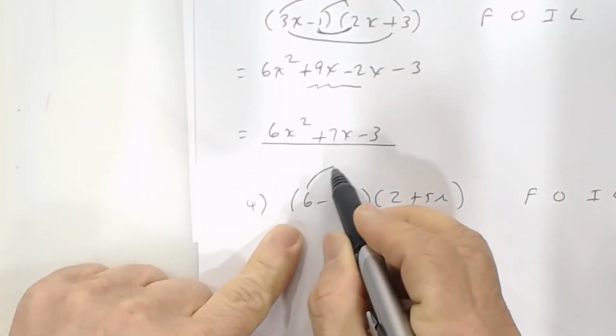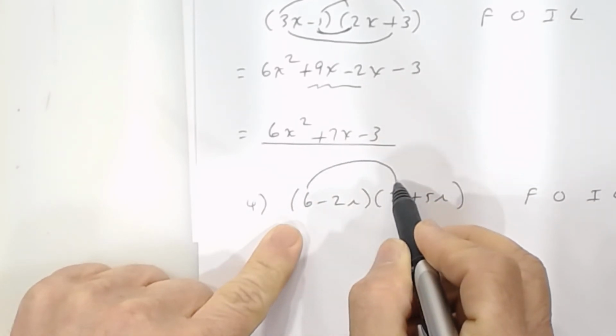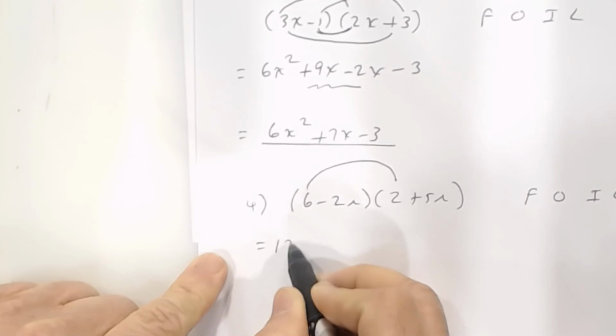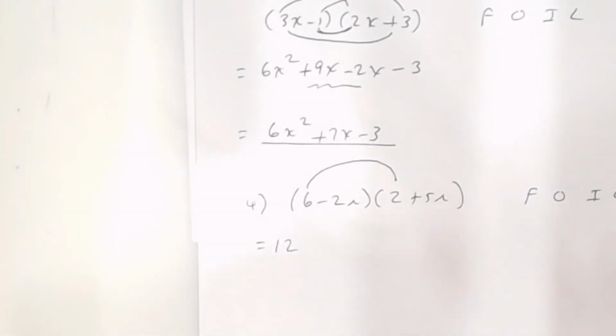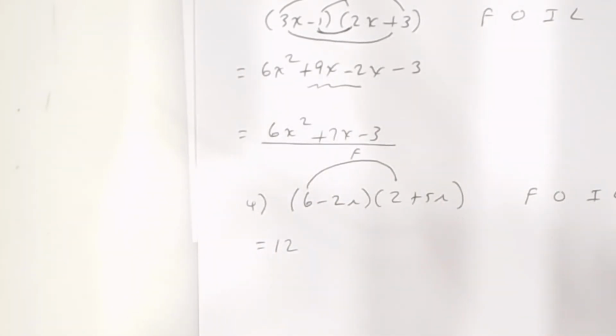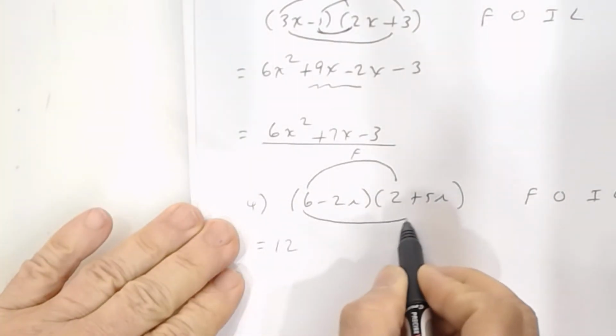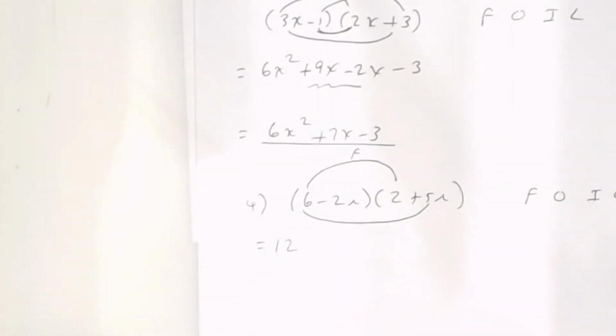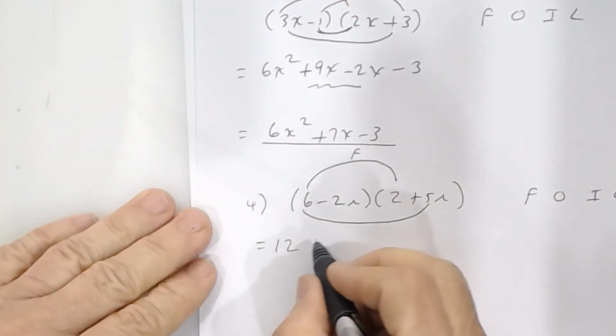What's 6 times 2? 12. That's your first, the first terms of each binomial. The outer, what two terms would I multiply together to give you my outer? 6 and 5i, the terms on the outside. What's 6 times 5i? 30i.